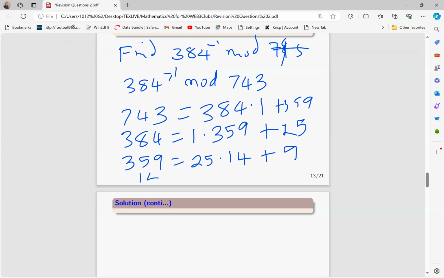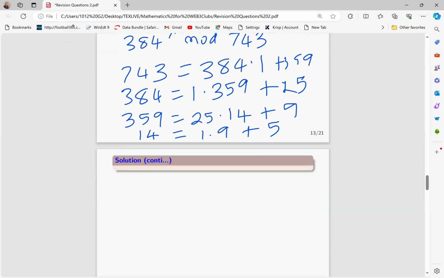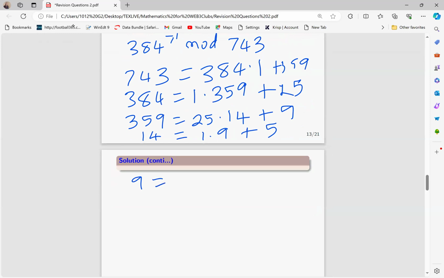And then 14 is 1 times 9, plus 5, then 1 times 5 plus 4.